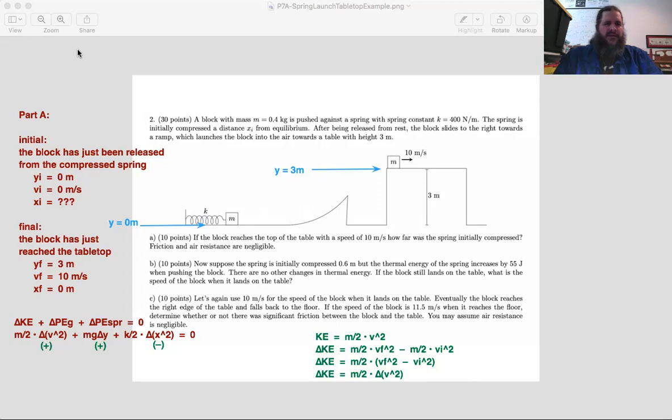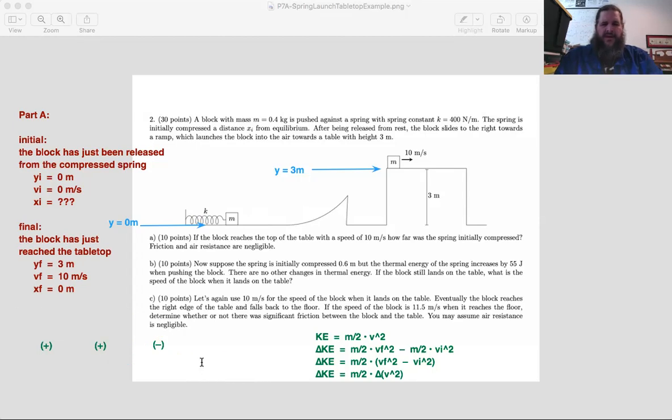All right, then let's try filling in those deltas. If we expand each of those deltas, each one of these can be written as final minus initial. So half the mass times final speed squared minus initial speed squared. And likewise, delta height can be written as y final minus y initial.